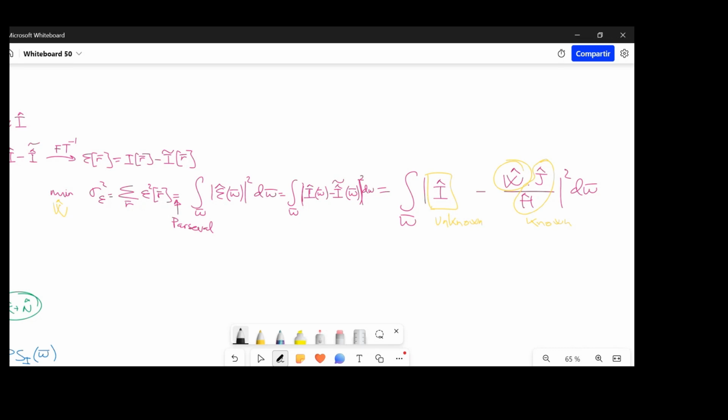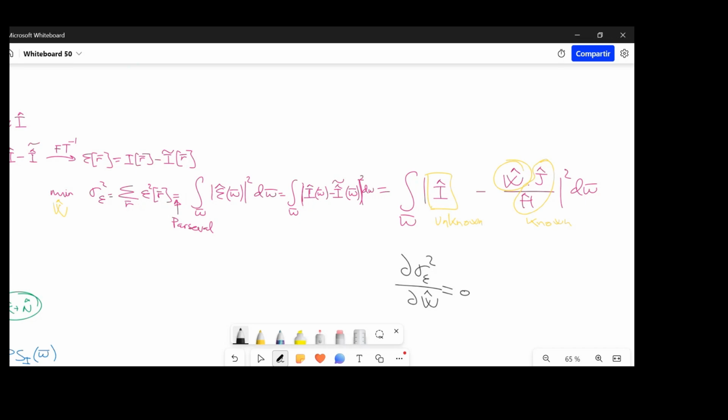If we pretend that we know it, then everything is known and I can solve for that. So I can take the derivative of sigma squared with respect to W. This is a little bit complicated because we have complex numbers and there are differentiation rules for complex numbers.